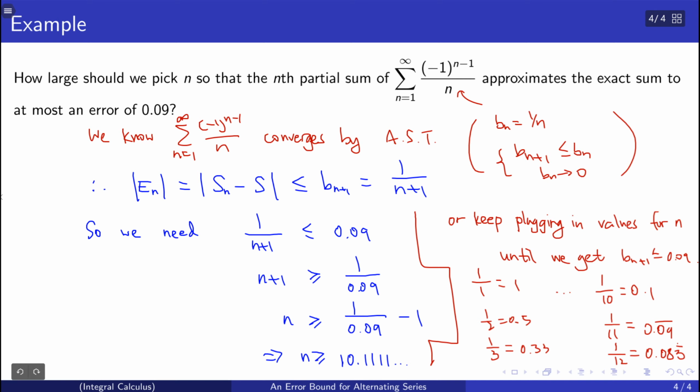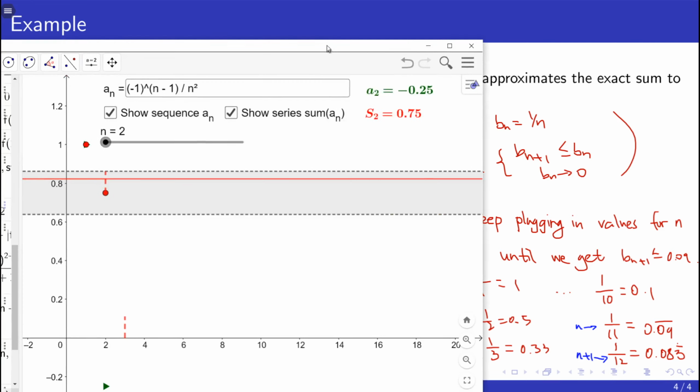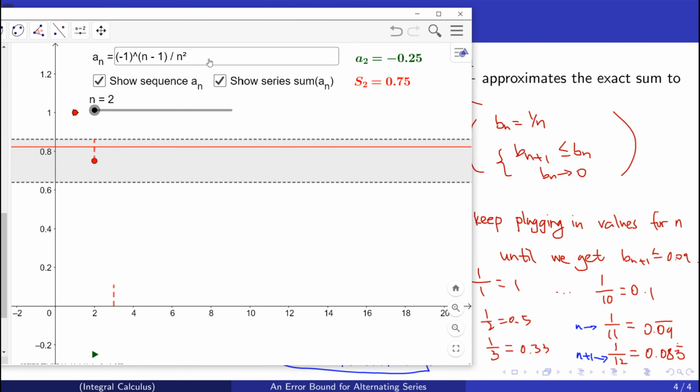Okay, so this tells me that 1 over 12 must be my error term, which means I should pick n equals 11, which agrees with what we did over here. We need n to be at least 11 for that error to be smaller than or equal to 0.09.